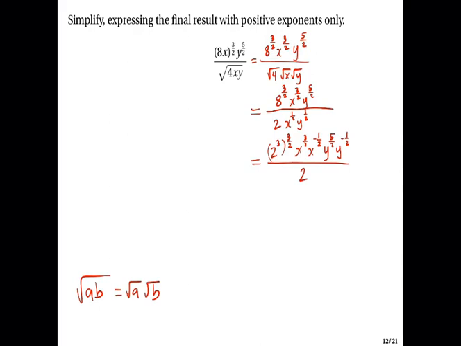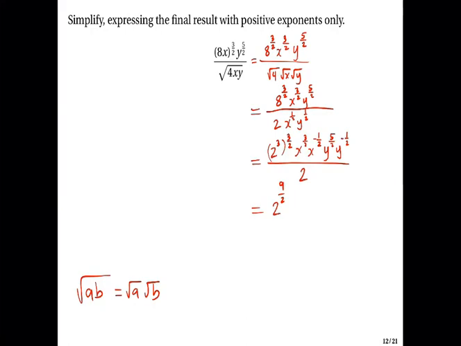Okay? Let us simplify first the numerator. You have 2 to the 3 raised to 3 halves. So we multiply this exponent 3 to the exponent 3 halves. So you will have 2 to the power 9 halves. Okay? So let me rewrite this clearly. 9 halves. And then in here, you have x raised to 3 halves, x raised to negative 1 half.